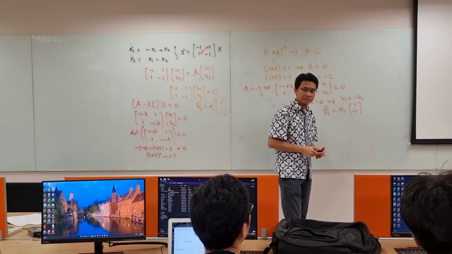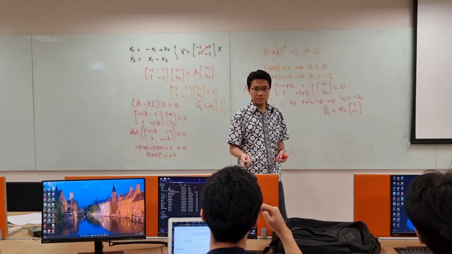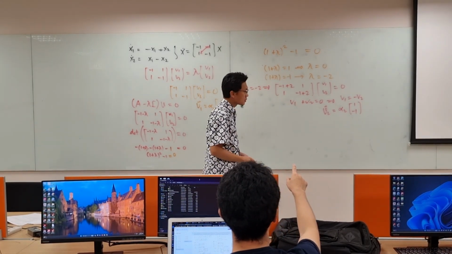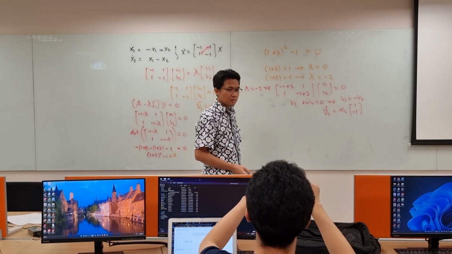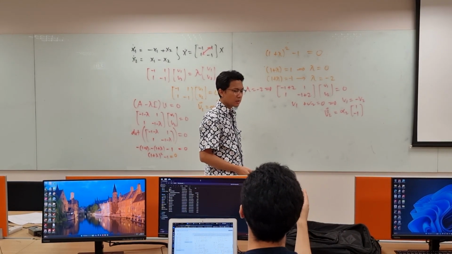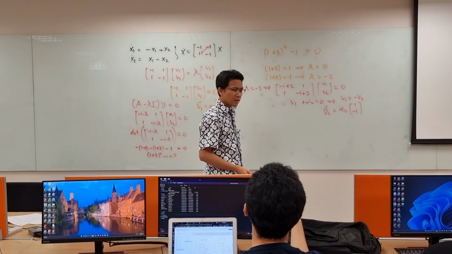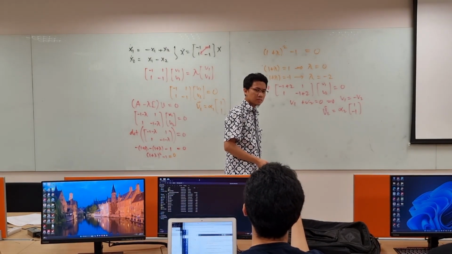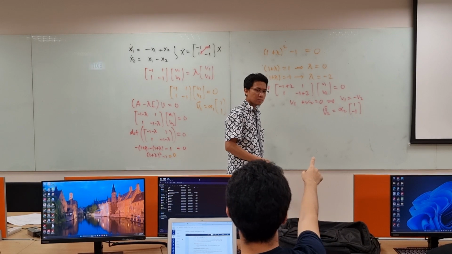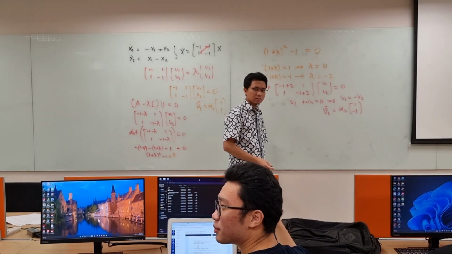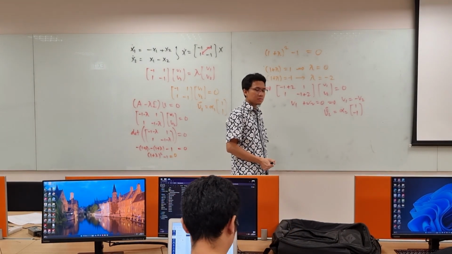A question? I believe V2 is equal to x1, x2, equal to lambda. In the middle there is x1, x2. What is x1, x2?